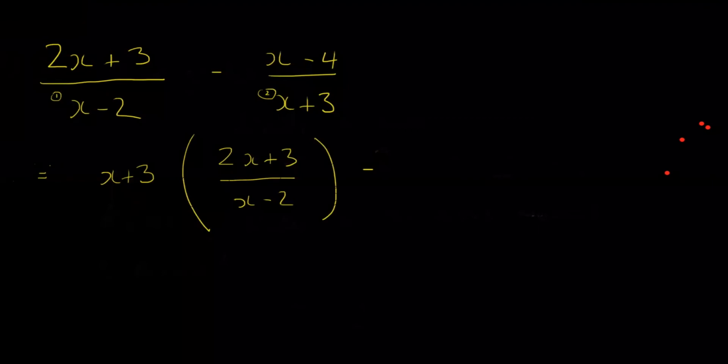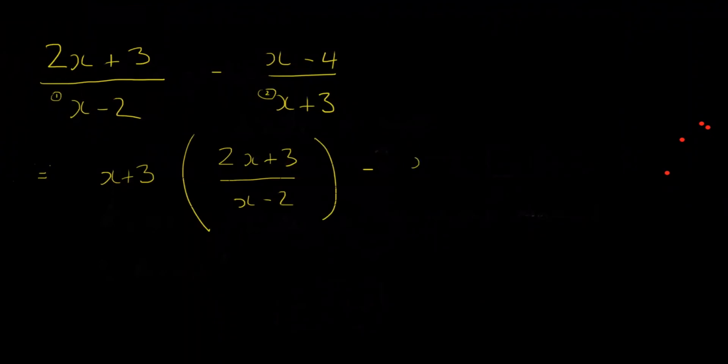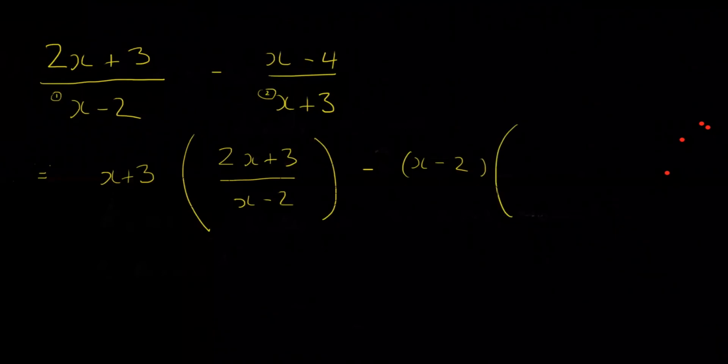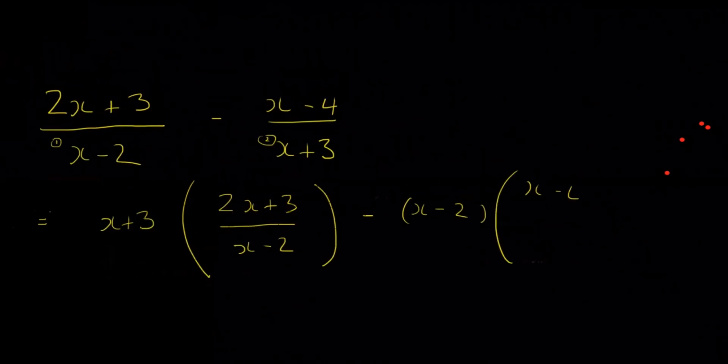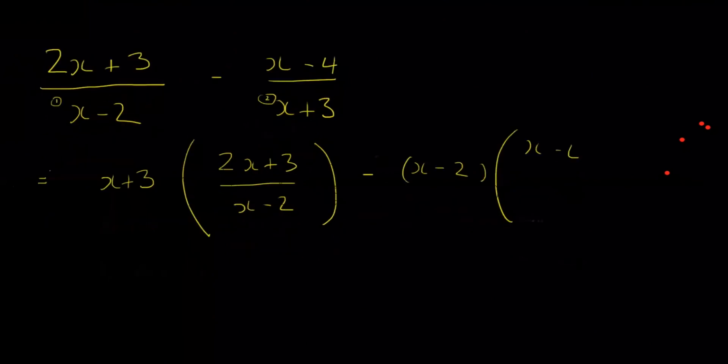Minus, the outside bracket is x minus 2. Beautiful. Inside, x minus 4 over x plus 3.